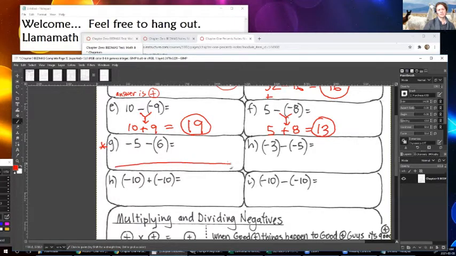Let's look at this as a number line. There's 0. There's minus 5. We're subtracting 6 more, so we're going all the way back here to minus 11. When you have this, it's easy to do in your calculator: negative 5 minus 6.